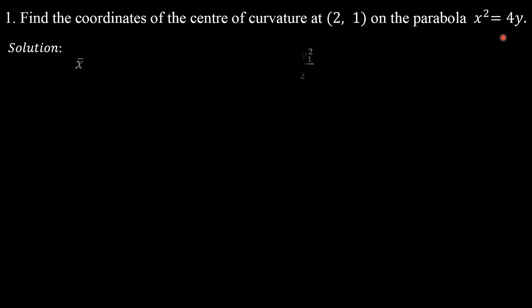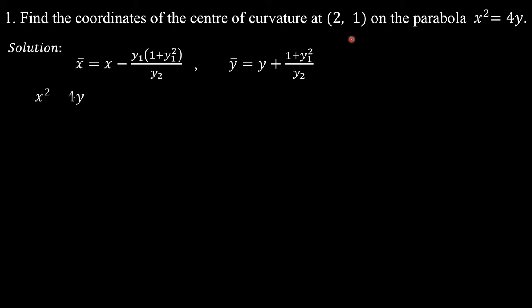We know that the coordinates of the center of curvature at any point are given by x bar = x minus y1 into (1 plus y1 square) divided by y2, and y bar = y plus (1 plus y1 square) divided by y2. Let us first find the values of y1 and y2 at the given point (2, 1).